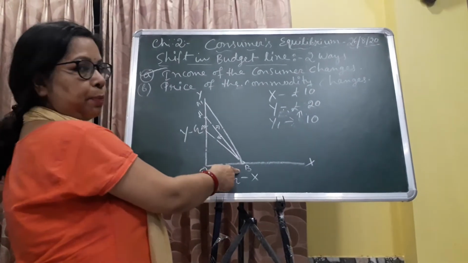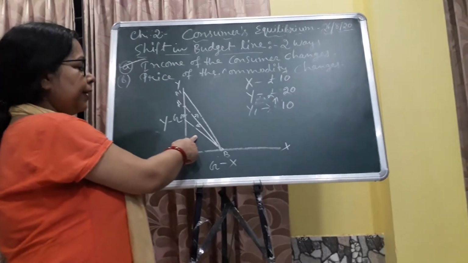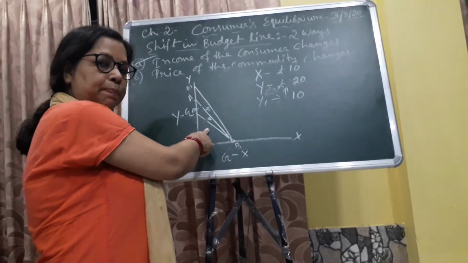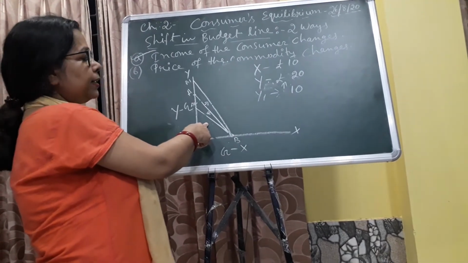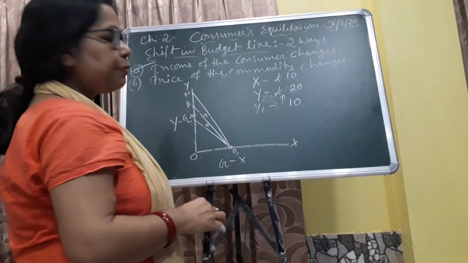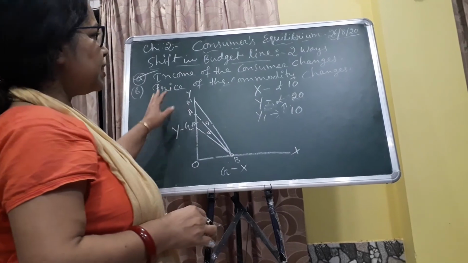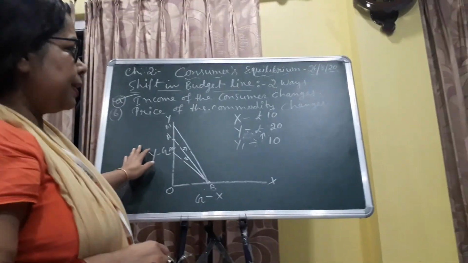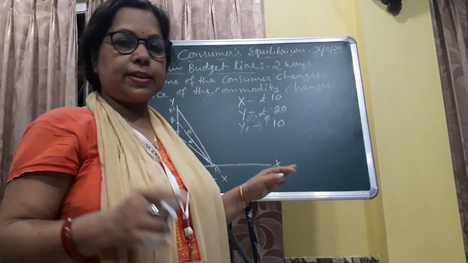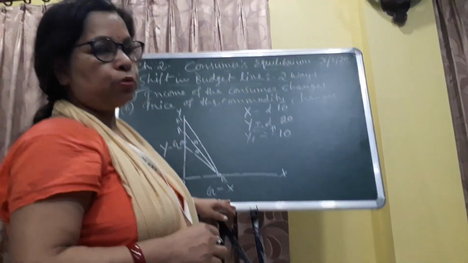So A2B represents the decreasing demand for good Y, because the price of good Y increases. So in such a way the budget line will shift. So this is the shifting of the budget line, and next day I will complete the remaining portion, equilibrium in the indifference curve approach. So today up to this, thank you.